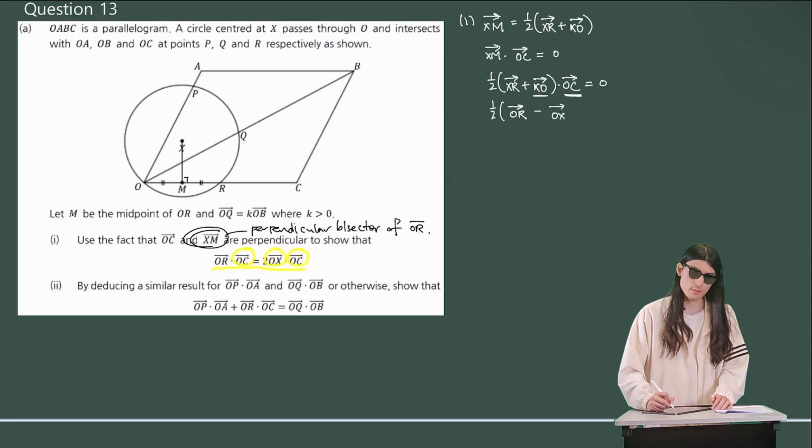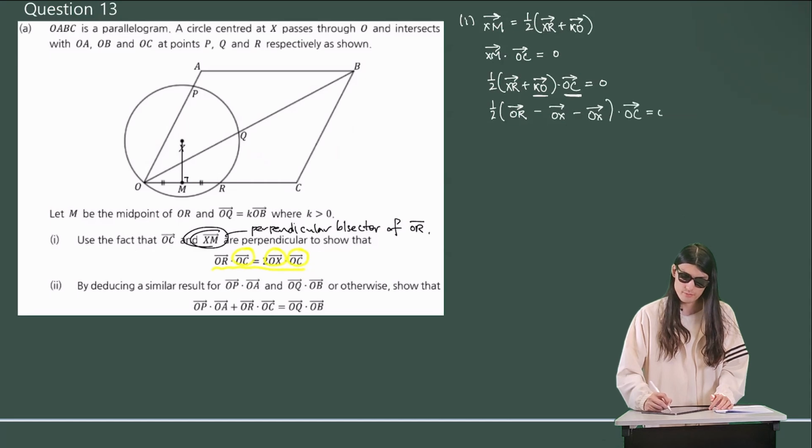And of course, the vector XO can be written as negative of OX. Which becomes that.